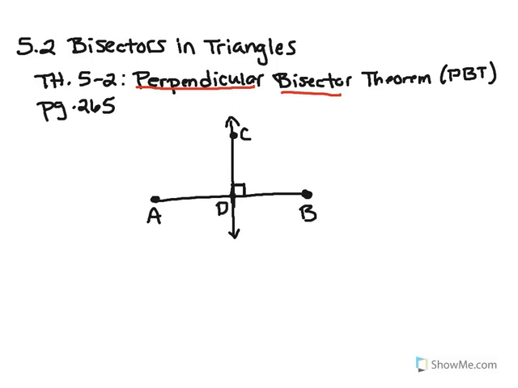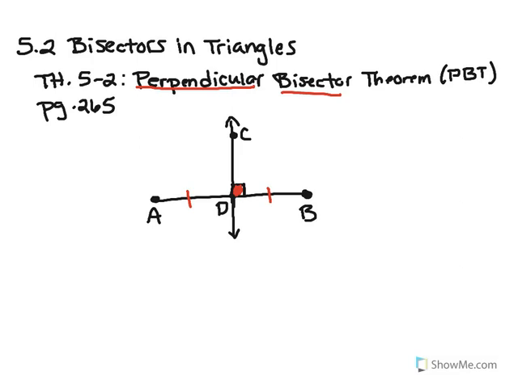Alright, so we have the perpendicular part taken care of right here in red. We have our right angle. And we also know that DB is congruent to DA because I bisected that segment. So here's what this theorem says. You first have to have this situation happening before you can actually apply this theorem.